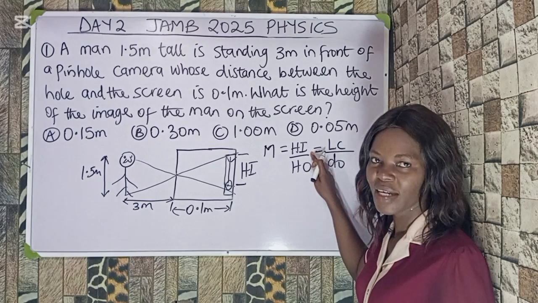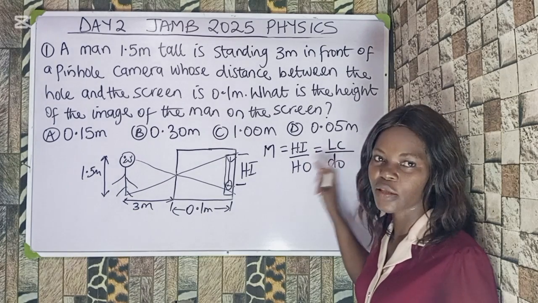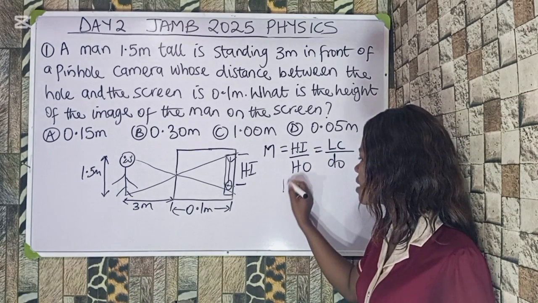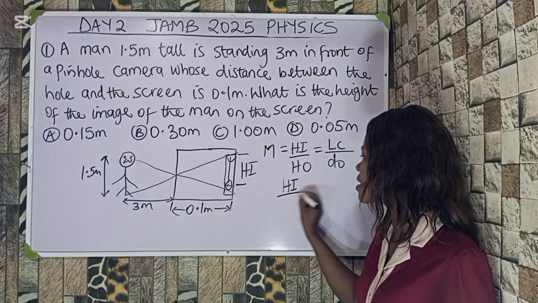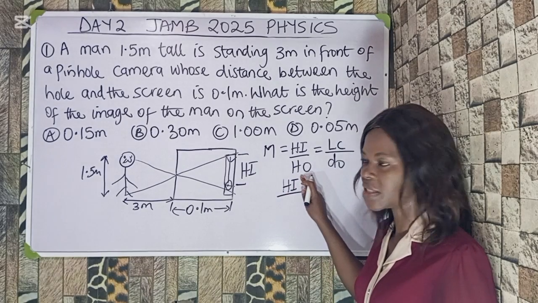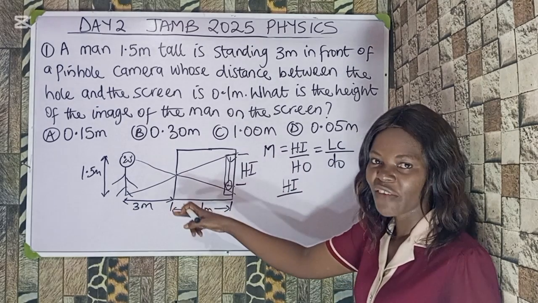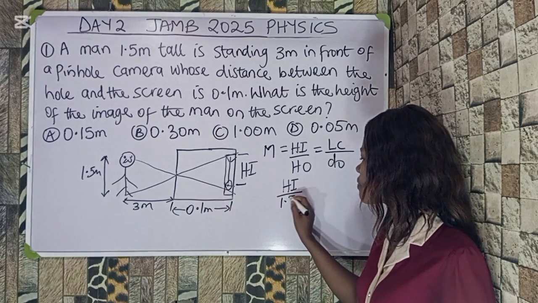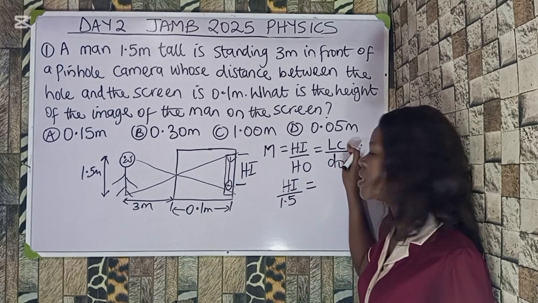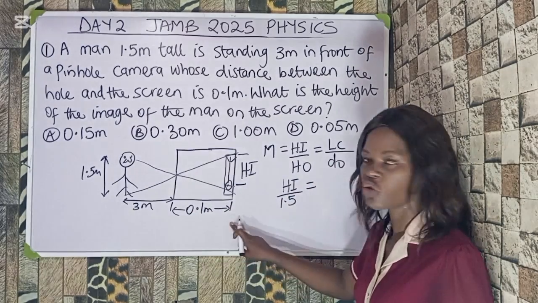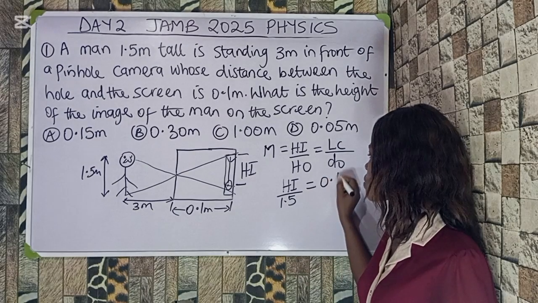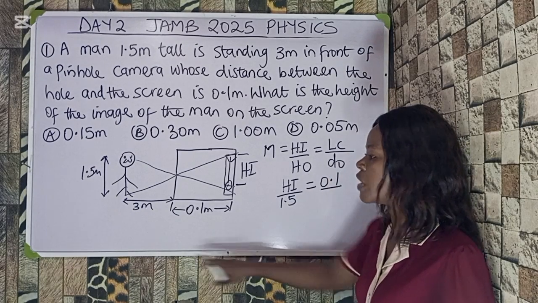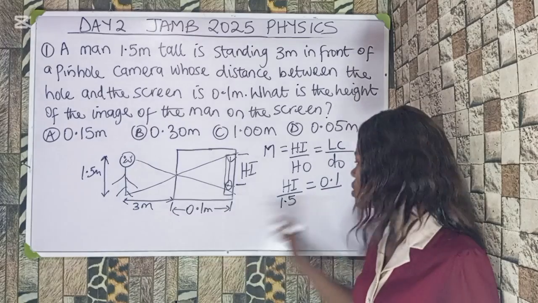Now we're looking for the height of the image, so I will say this is HI. The height of the object, which is the man, is given as 1.5 meters. Then this is equal to the length of the camera, which is 0.1, then the distance of the object from the pinhole, which is 3.